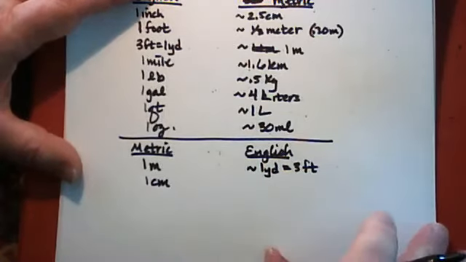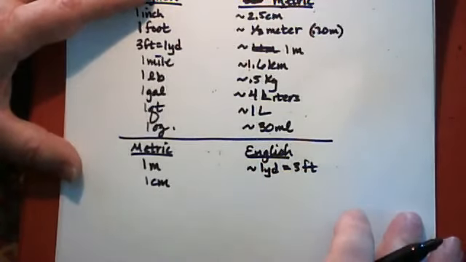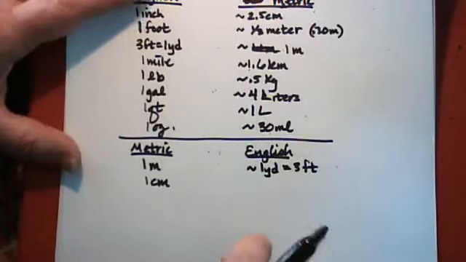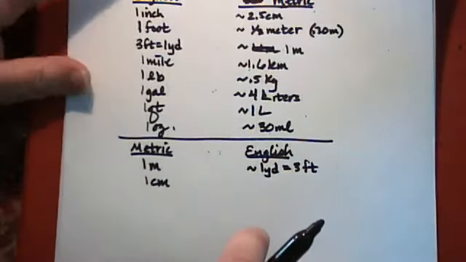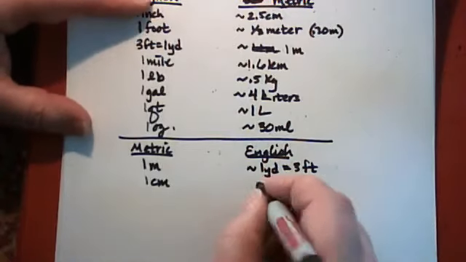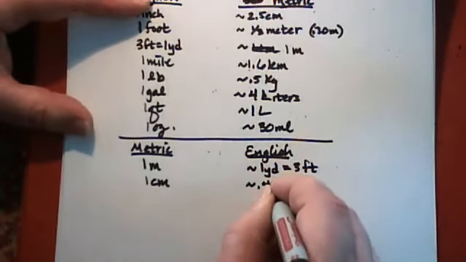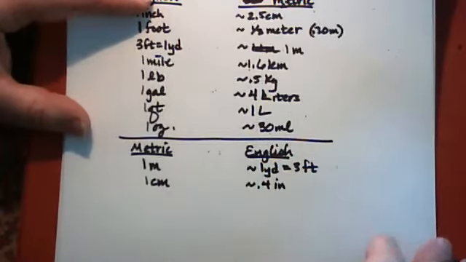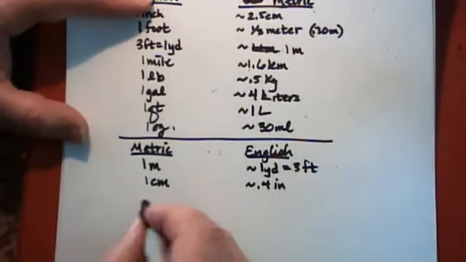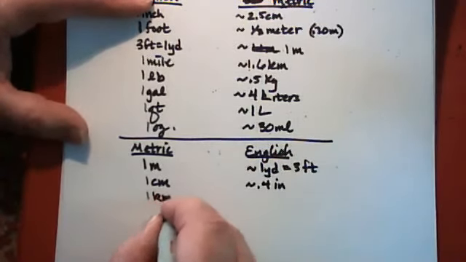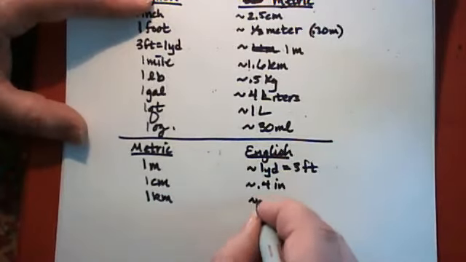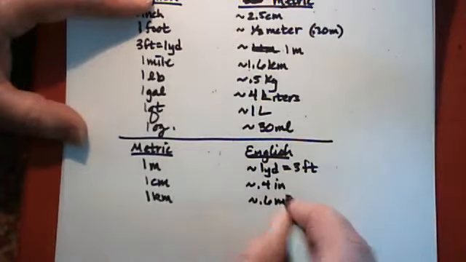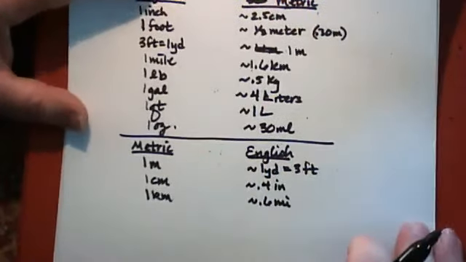And a centimeter, which I said is also about the width of the tip of your little finger, would be about 0.4 inches. 1 kilometer would be about 0.6 of a mile.